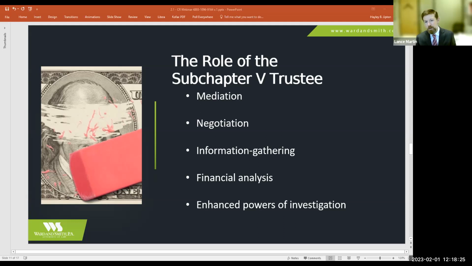And so if you have a case where you suspect fraud, mismanagement, gross incompetence, just some real problems going on that need and merit further investigation, you can move the court to give the trustee more powers to essentially subpoena documents, take depositions, do a thorough investigation, and report to the court and the parties.